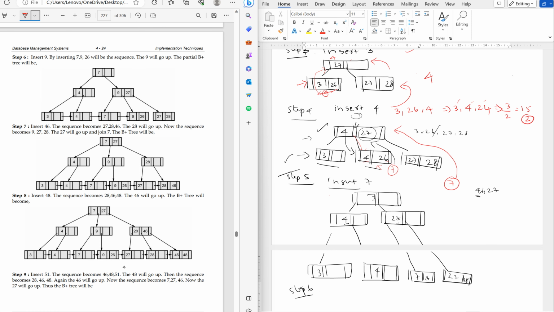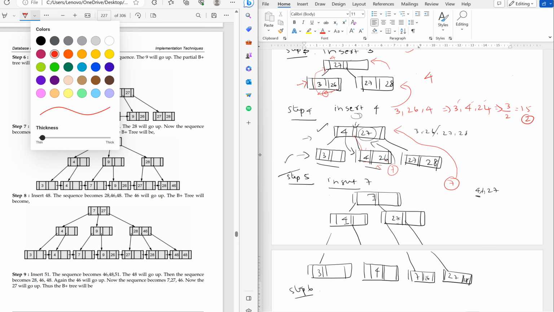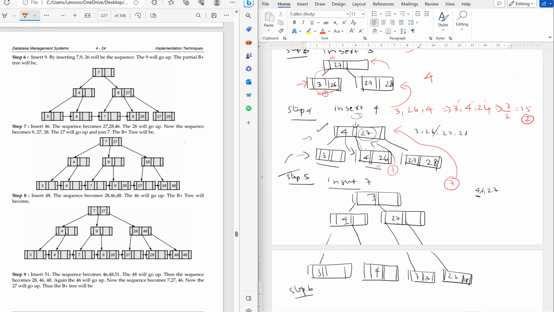So just come to the left hand side page. Since it is taking too much time to write, I will explain. The same thing will be repeating here. So step 5, step 6, consider this.